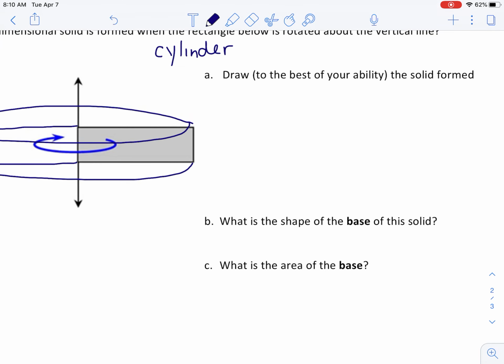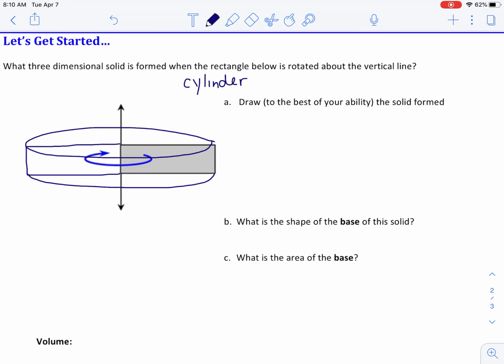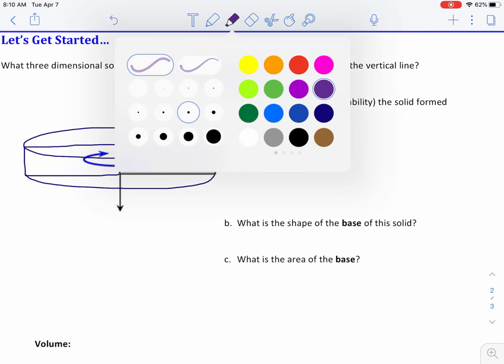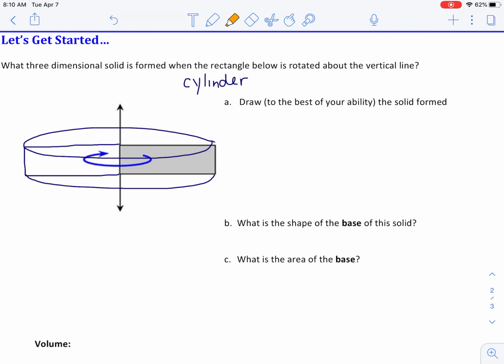And hopefully you realize that the shape of the base of this solid, remember there are two bases, doesn't have to be on the bottom. Now when I draw it three-dimensional, it doesn't look perfect, but the base is a circle.